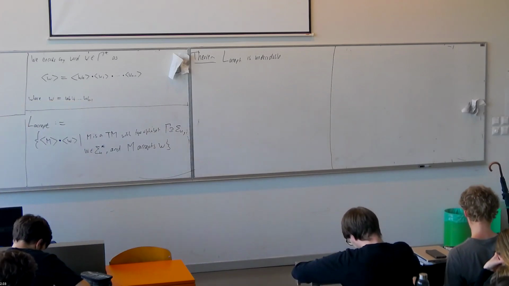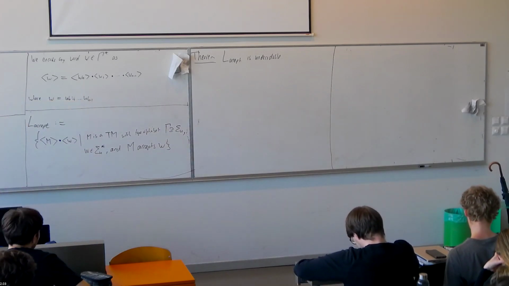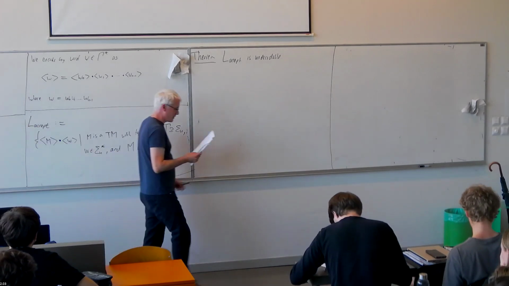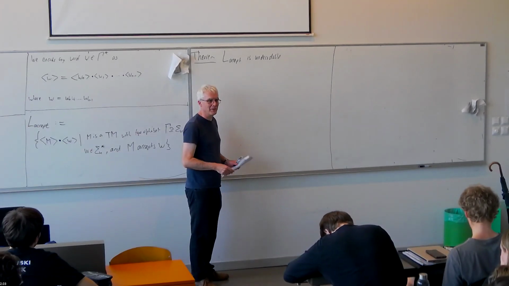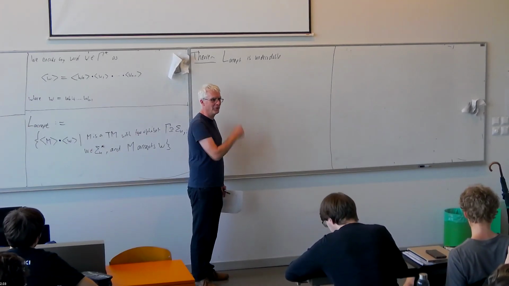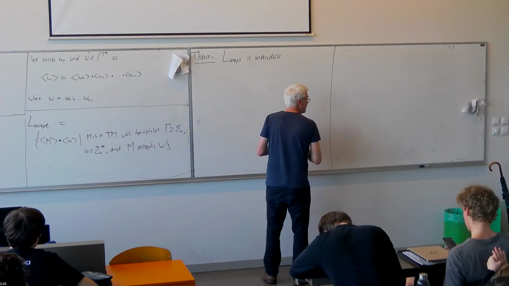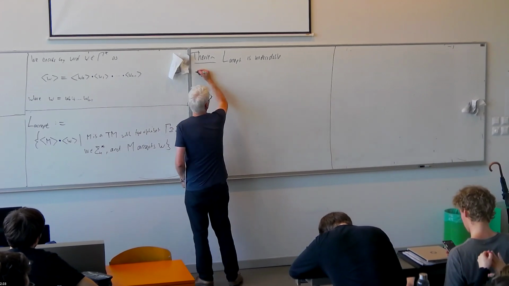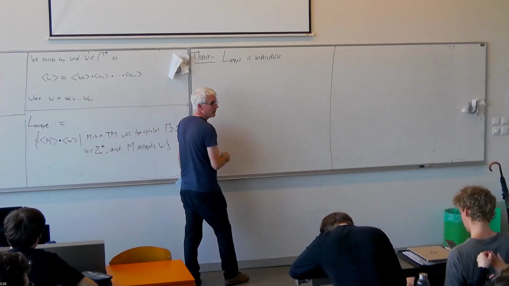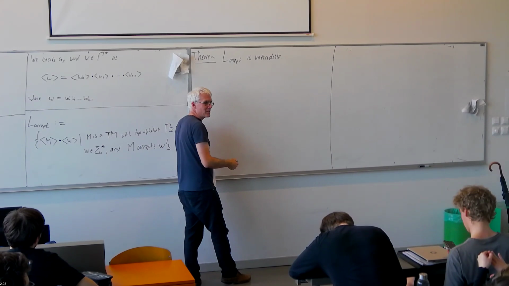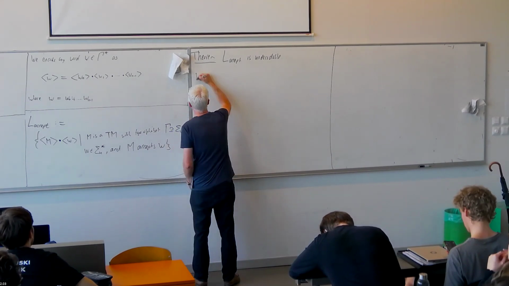Now, it's the kind of proof where, from past experience, I know I should have my notes in front of me, because otherwise I tend to go off on autopilot and something goes wrong somewhere along the way. But we're going to prove that L_accept is undecidable. So what do we want to do? Well, we're going to assume it's decidable and get a contradiction.